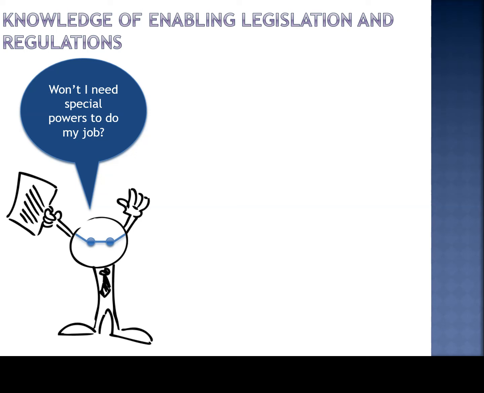So you need knowledge of your enabling legislation and associated regulations. So the powers are generally aligned with the nature of the regulatory work that you do, and those powers will complement the requirements that you have to gather the information to conduct your investigations. So those powers are generally provided for you through legislation.